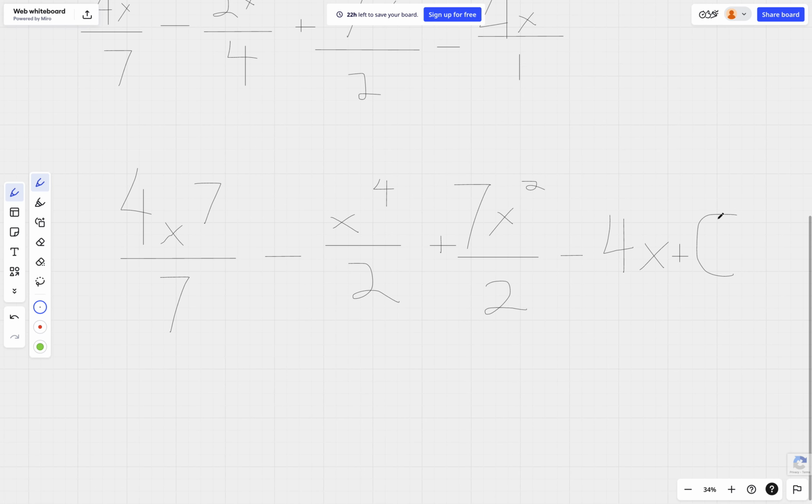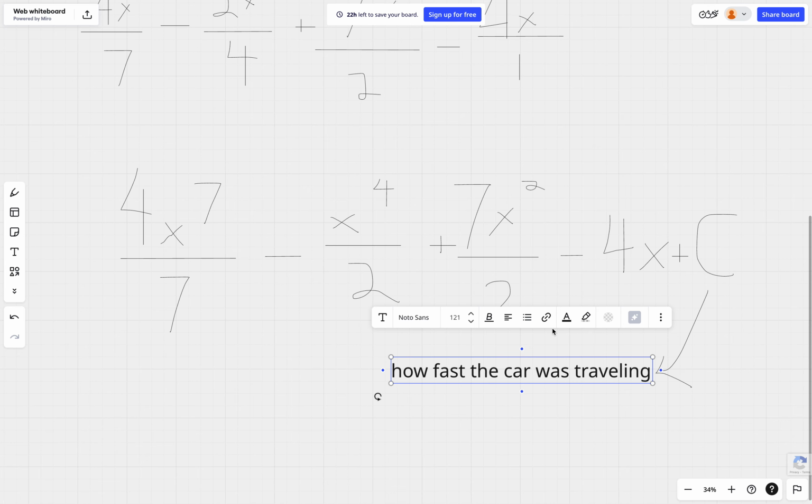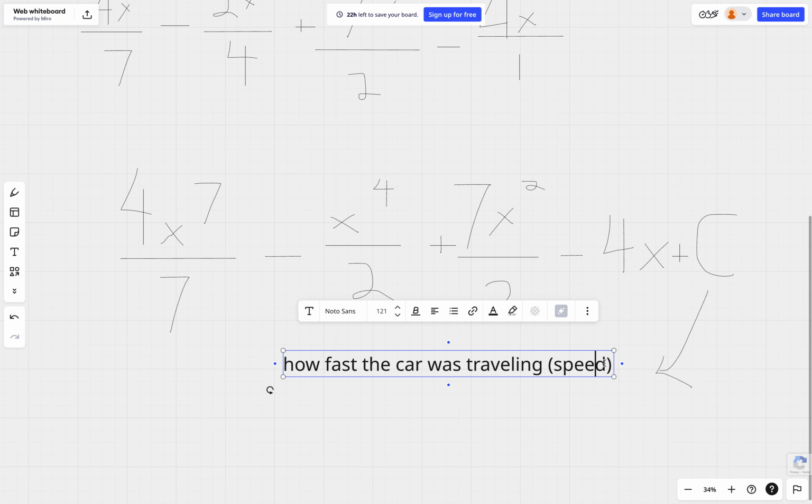This may have tripped everyone up, but what this constant means in the car example is, well, we know how fast the car was traveling, or the speed, but we don't know at that time where the car started from, like the offset.